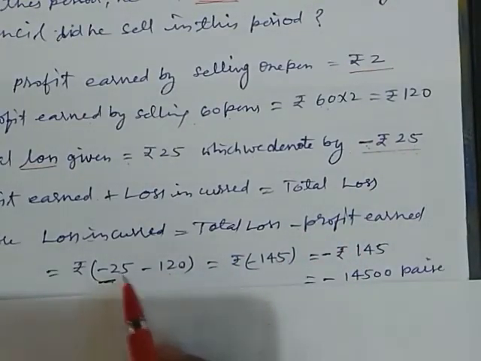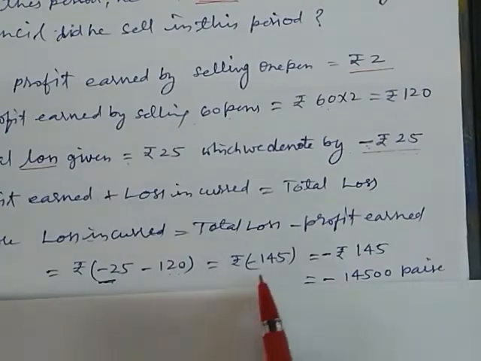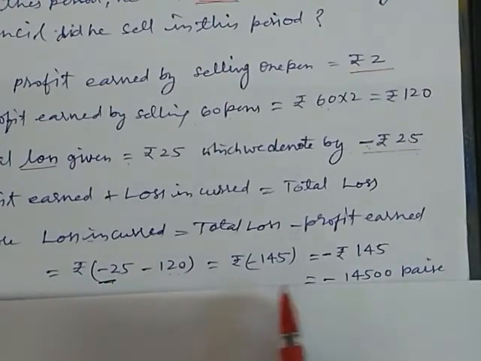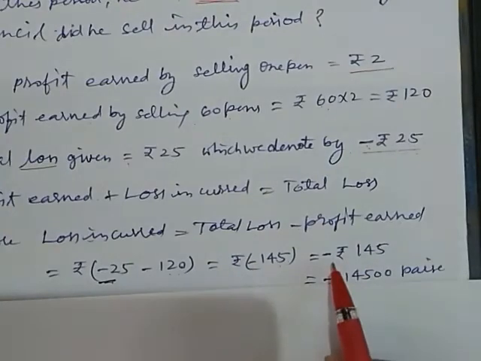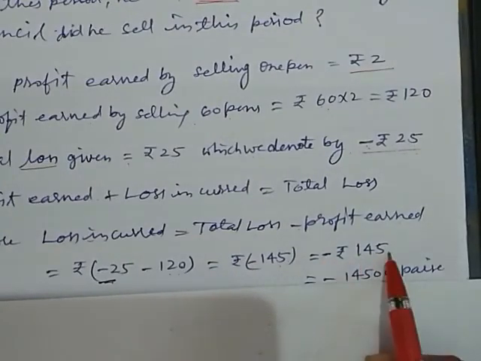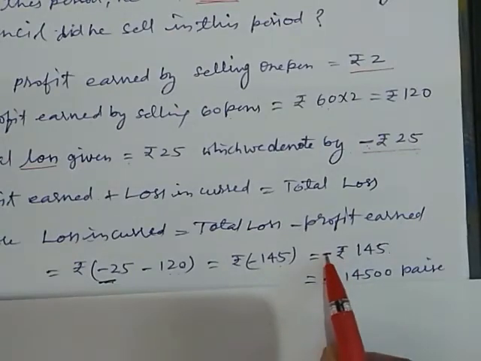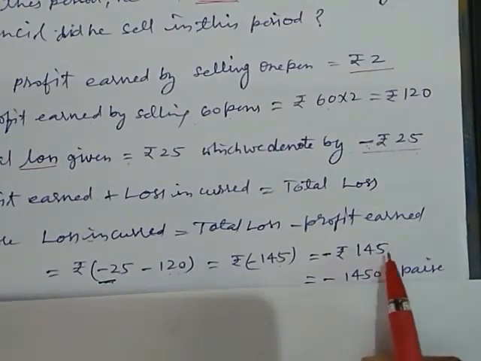So minus 25 minus 120 becomes minus 145, because both have a negative sign. Same sign is always added. So we add them and we get minus 145. And this minus ₹145 is the loss incurred, because of the negative sign.